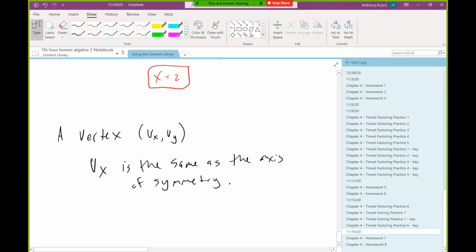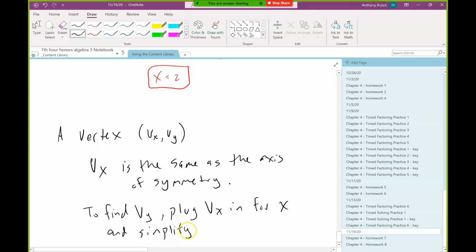So the vertex needs to have that same x-coordinate. To find the y-coordinate for the vertex, we're just going to plug in the x-coordinate that we got from the axis of symmetry and simplify down.